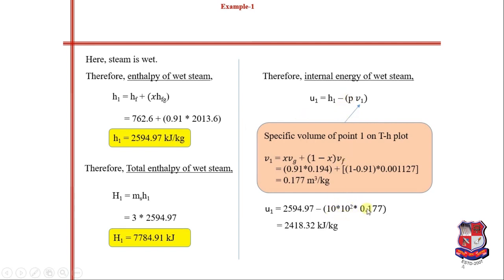Okay. Multiply by volume meter cube per kg. So we come to this value 2418.32 kilojoule per kg. So this is again specific internal energy. So internal energy is mass multiplied by specific internal energy, that is 7254.96 kilojoule.